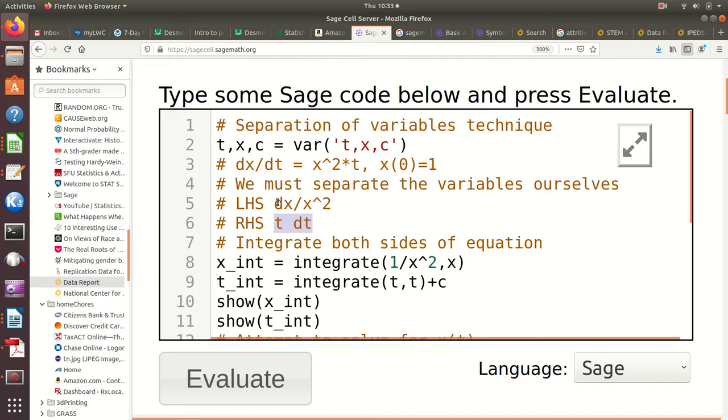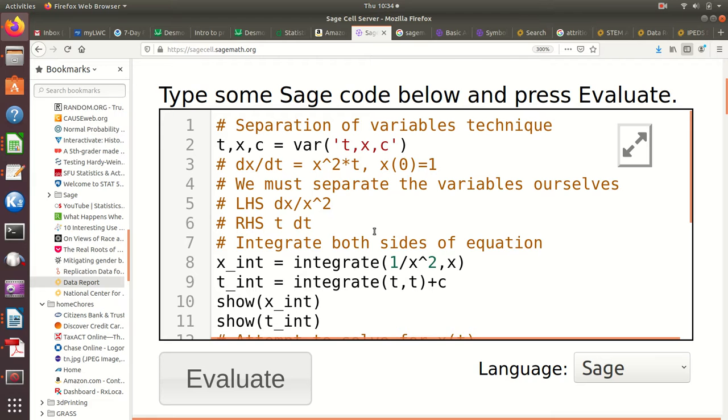So these are our two sides, the left hand side of the equals and the right hand side of the equals, and that we had to do by ourselves, and now we integrate both sides.